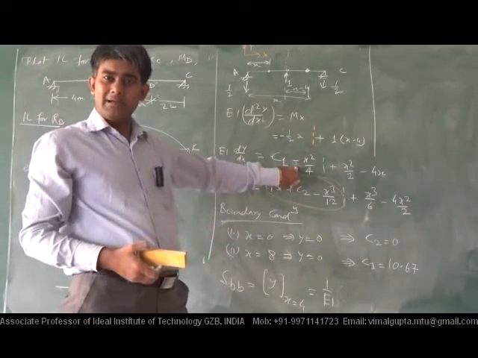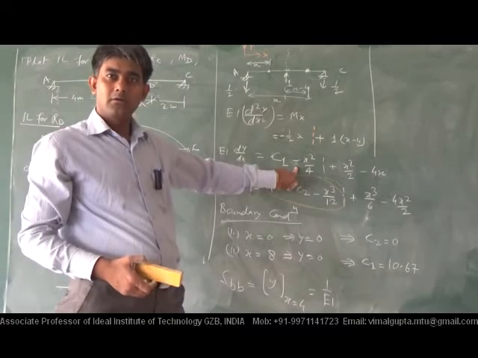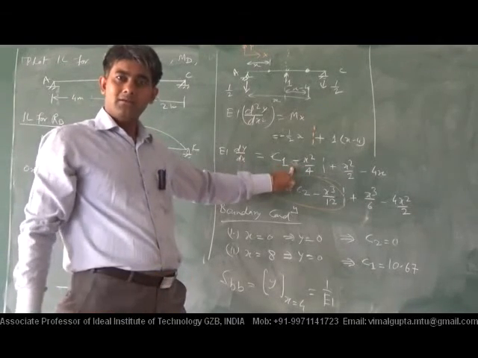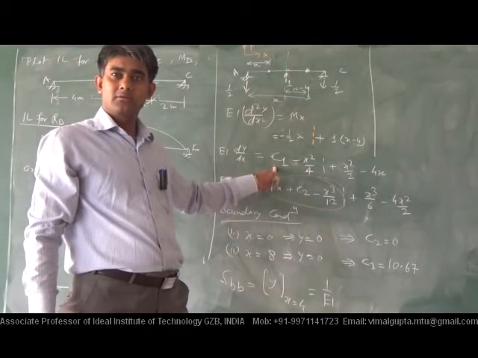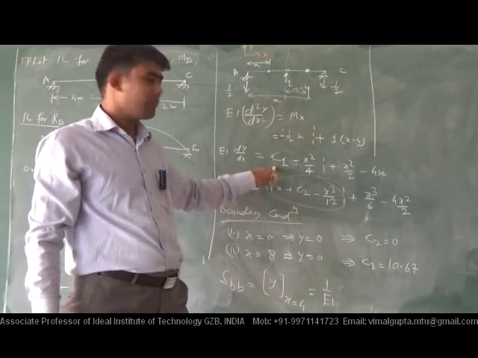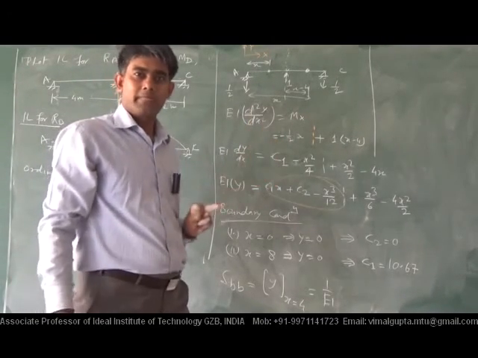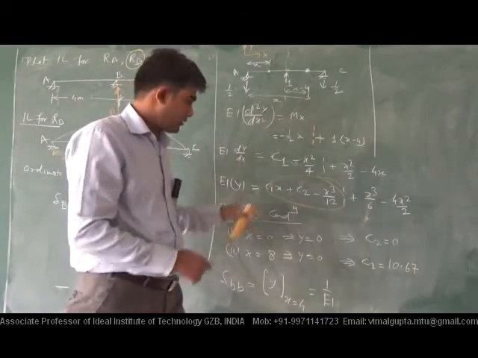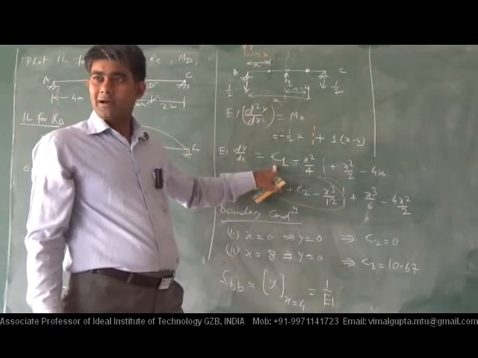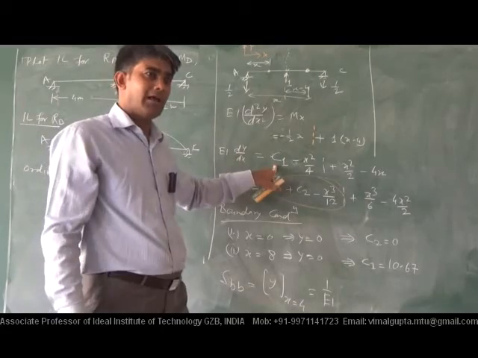This is the Macaulay's method. This is the procedure given by Macaulay. I will not discuss it in detail. If you have a problem, then come to me, I will help.